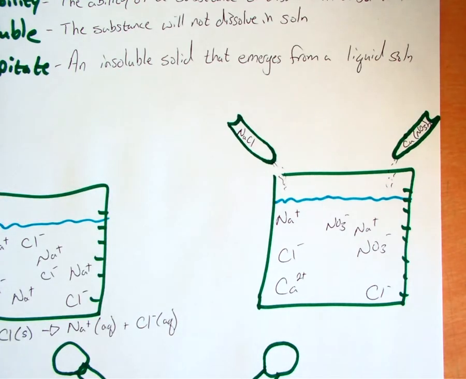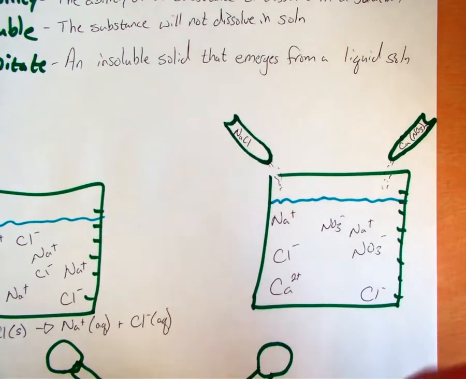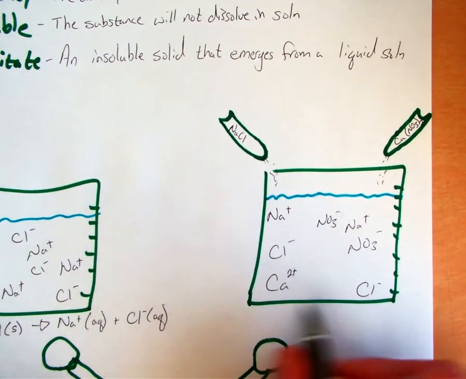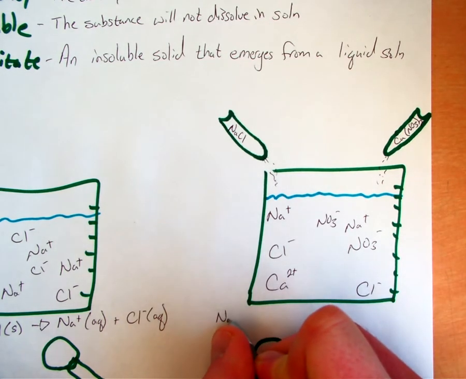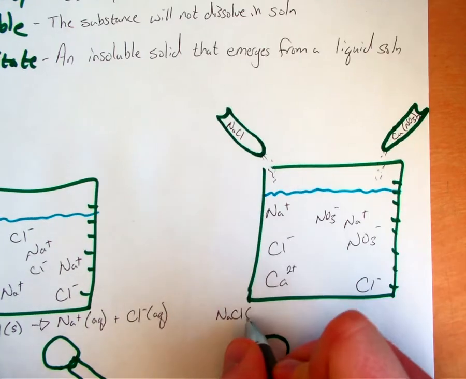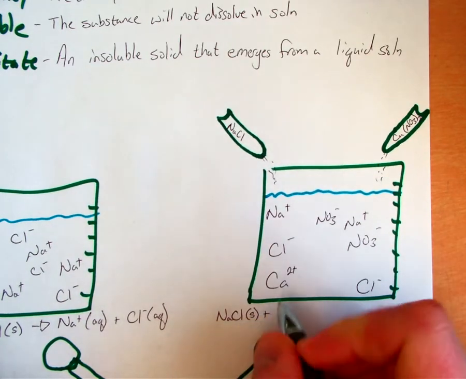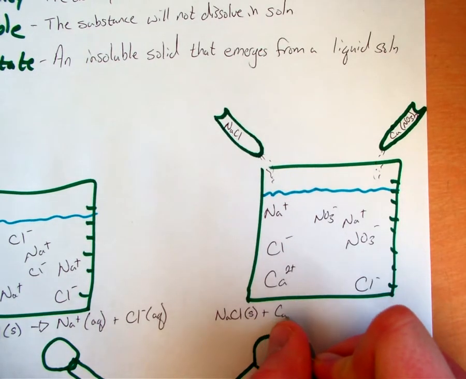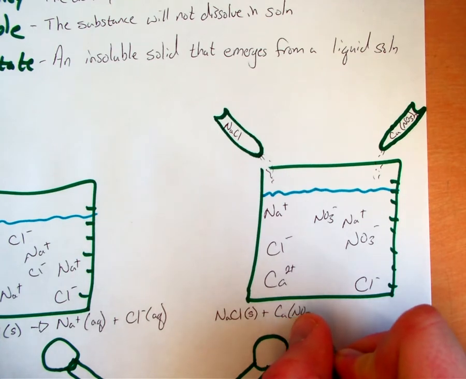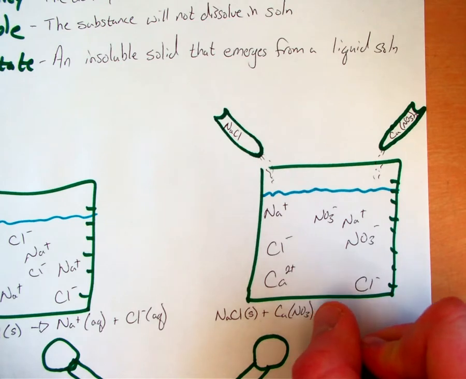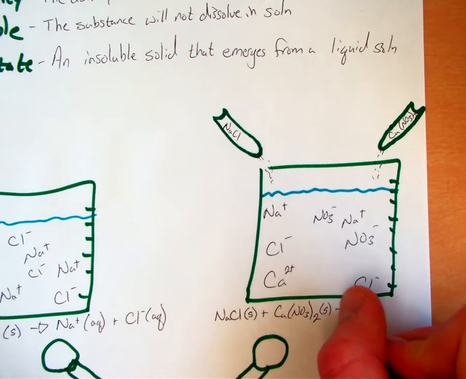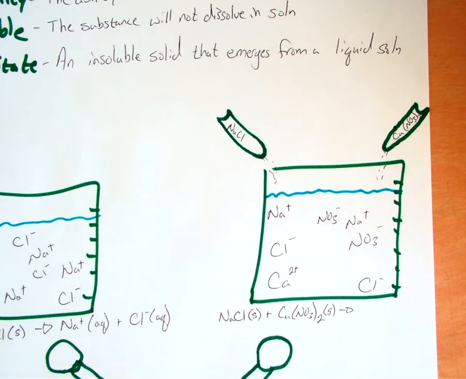So again, in order to represent this ionic equation, we will sketch NaCl, and again that's in its solid state, plus Ca(NO3)2, and again we determined that there were 2 of them because calcium has the 2 plus charge, and nitrate, we all memorized, has the 1 minus charge.